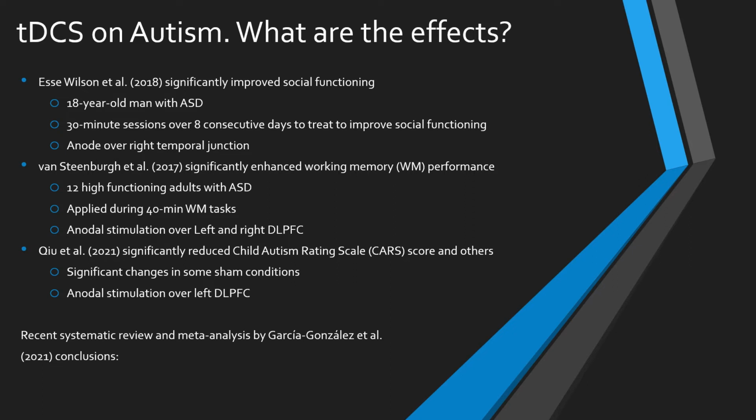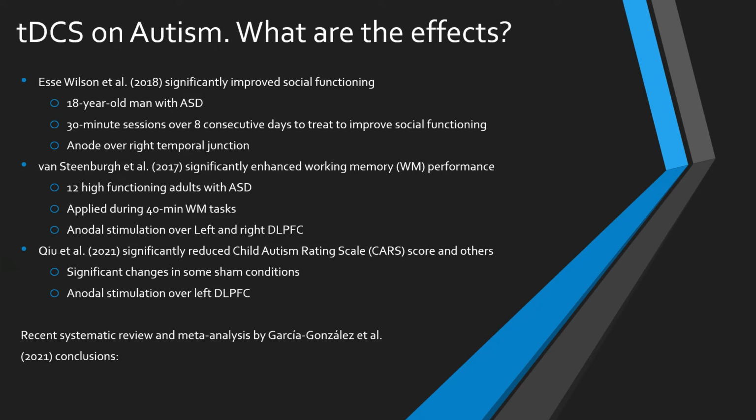And the final example outlines Q et al., who applied anodal stimulation over the left dorsolateral prefrontal cortex, finding significant reductions in the child autism rating scale, among others, following the application. Importantly, some autism-related measures also underwent significant changes with the sham control condition in this particular study with Q et al.